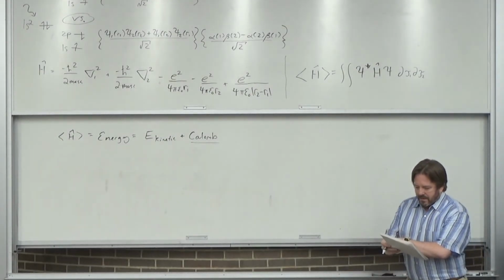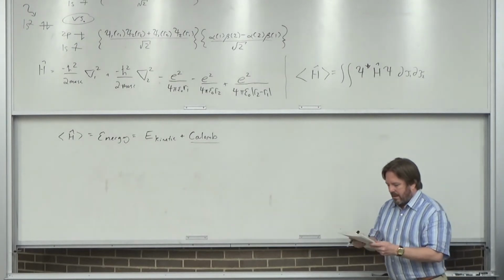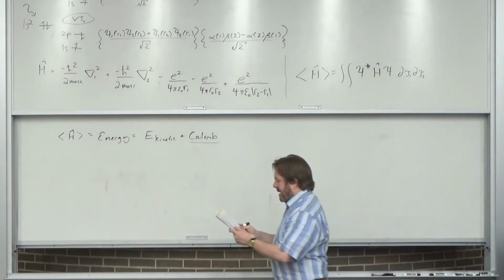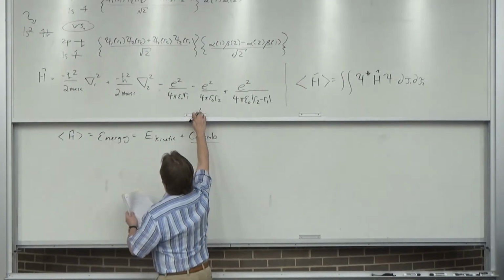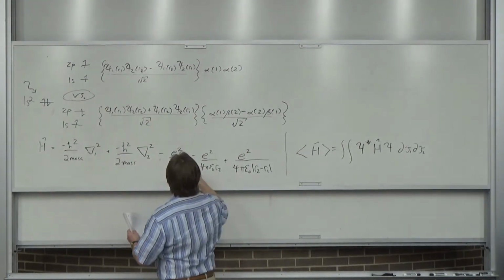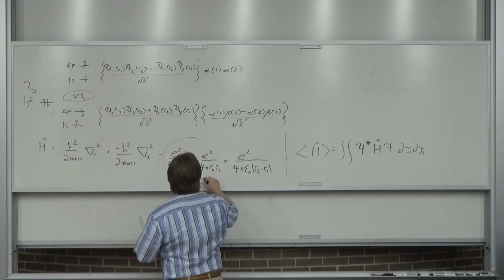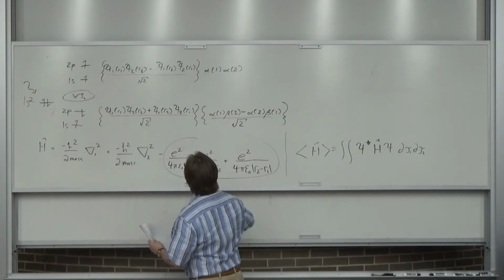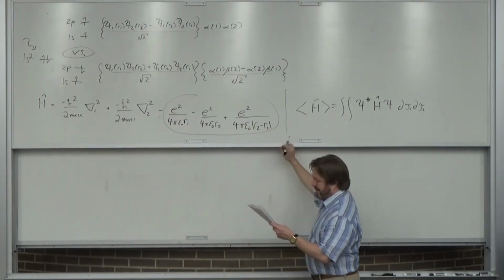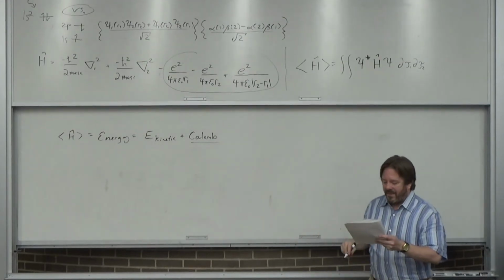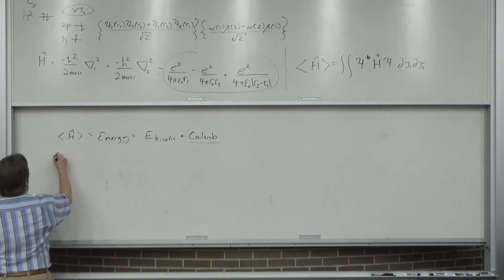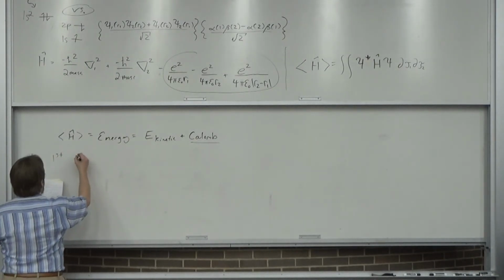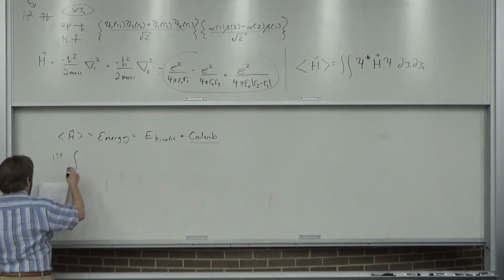Okay, so the Coulombic part. Again, these things are kind of easy, but these things are going to do some things. Now the first one is like this.